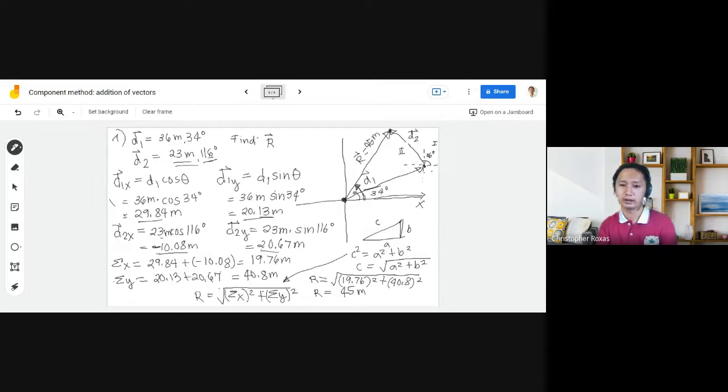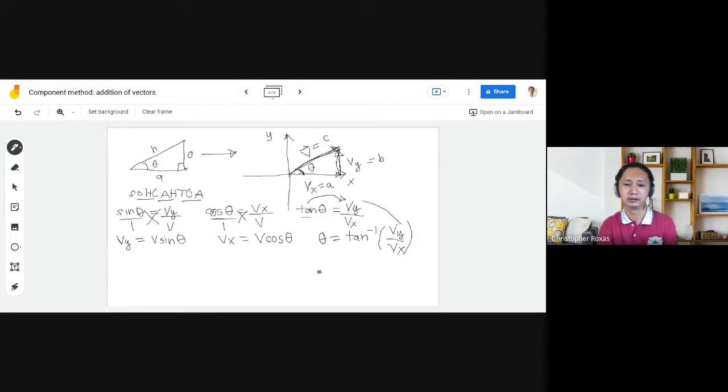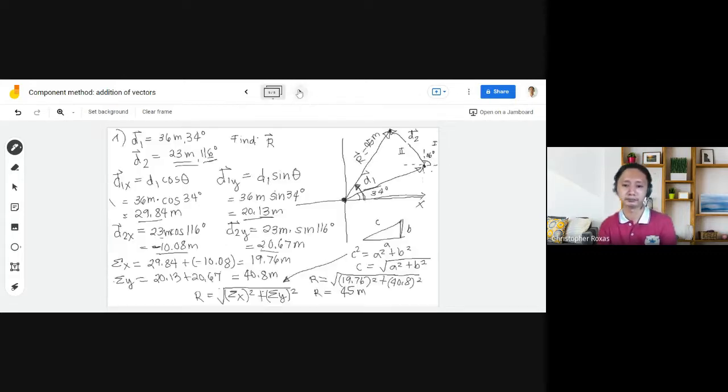So how do we get the direction? Okay, from our previous board, ito. Okay, so theta is equal to inverse tangent of the y component divided by the x. So in our case, in our problem, okay, saan tayo magsusulat? Dito na lang class.